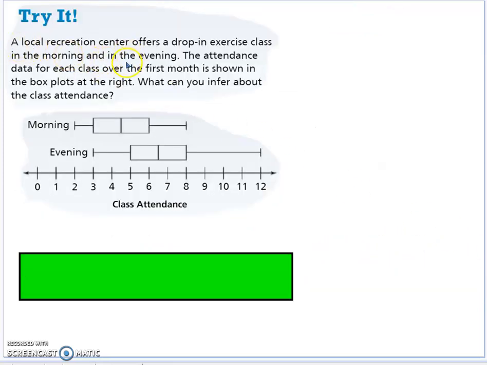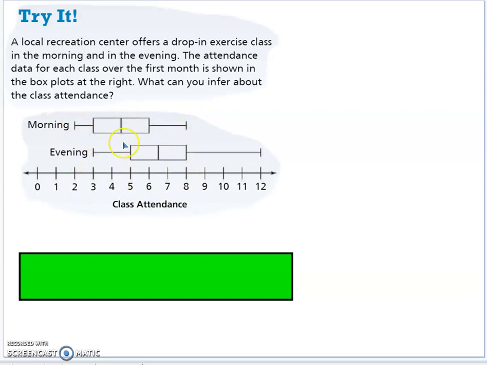All right, a local recreation center offers a drop-in exercise class in the morning and in the evening. The attendance data for each class over the first month is shown in the box plots below. What can you infer about the class attendance? Okay, so we look at the morning. These are the number of people that showed up over a month. Okay, 2 to 8.